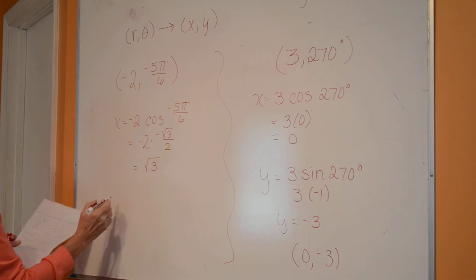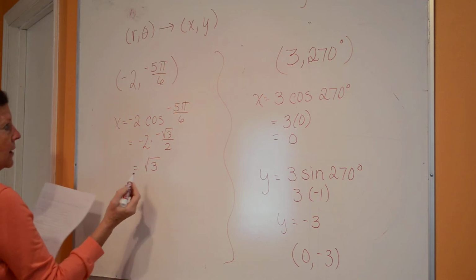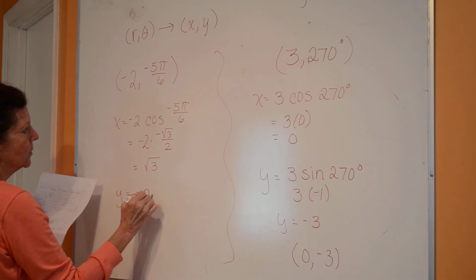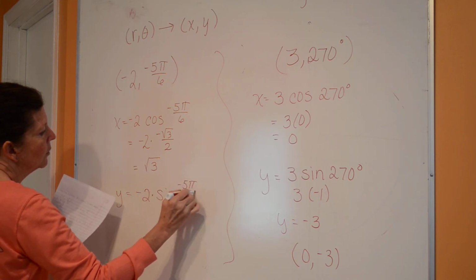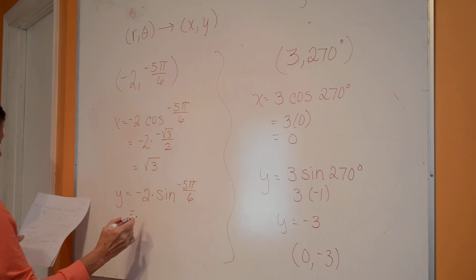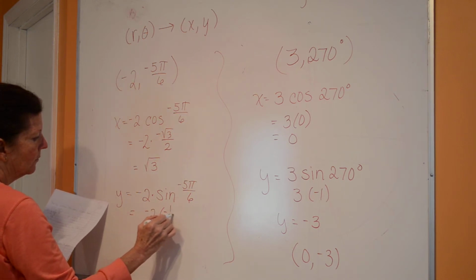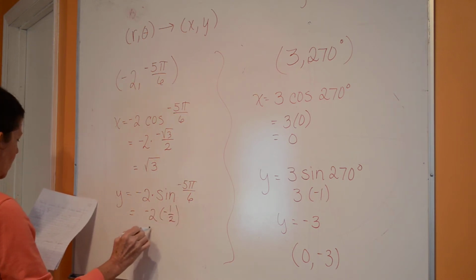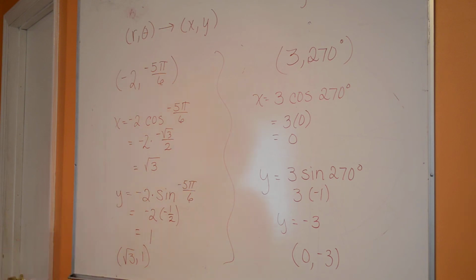You can just leave it as the square root of 3, or you can give me a decimal value, either way. And then, of course, your y is negative 2 times the sine of negative 5 pi over 6, which is going to give me negative 2 times negative 1/2, or 1. So this is going to give me the square root of 3, 1 as my ordered pair.